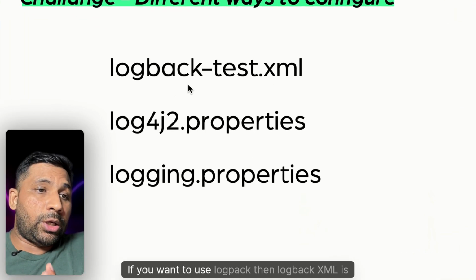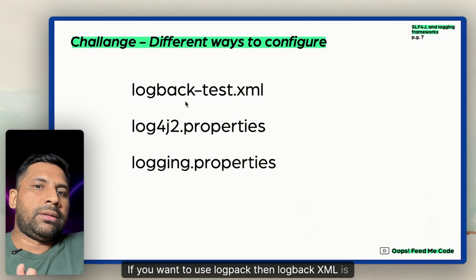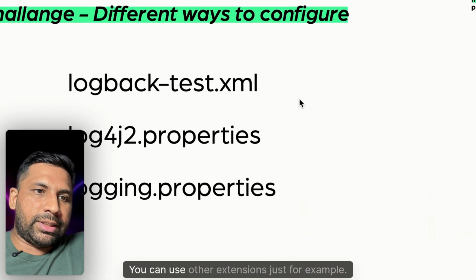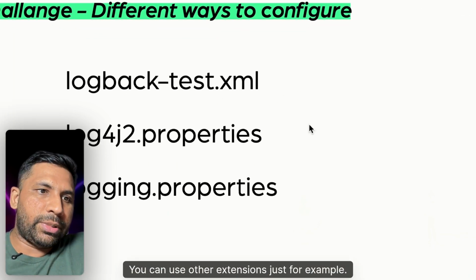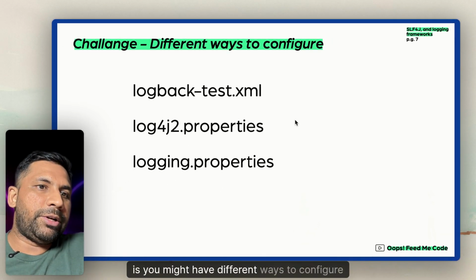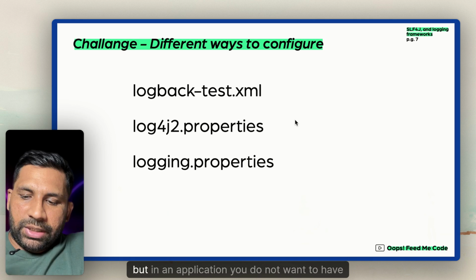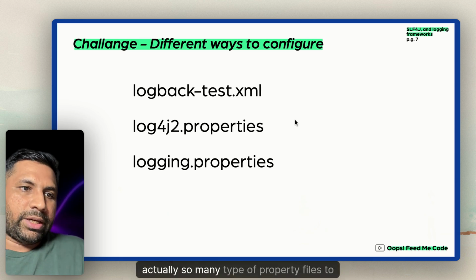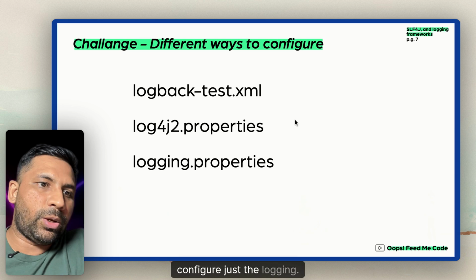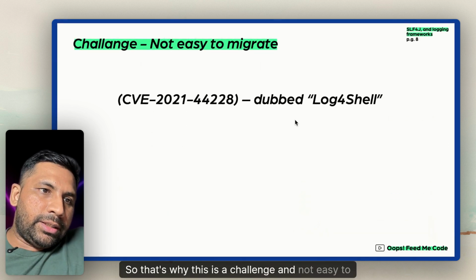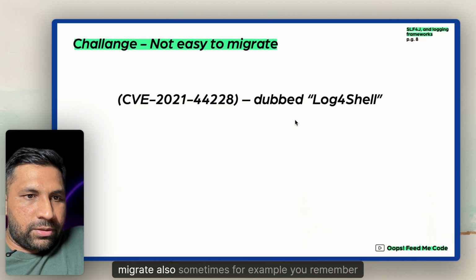If you want to use Logback, then logback.xml is used for configuring your Logback framework. Not just XML, you can use other extensions, but the idea is you might have different ways to configure. In an application, you do not want so many types of property files just to configure logging. So this is a challenge.